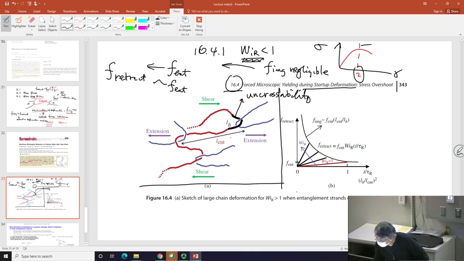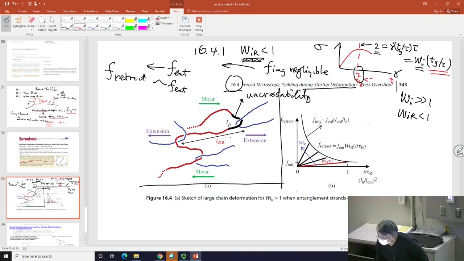Simply because, I showed you once that this being 2, watch, this being 2, could, in the limit of Weissenberg number being much larger than 1, but still Rouse-Weissenberg number smaller than 1, this being 2 through this expression means it still occurred at a time that's much shorter than tau.